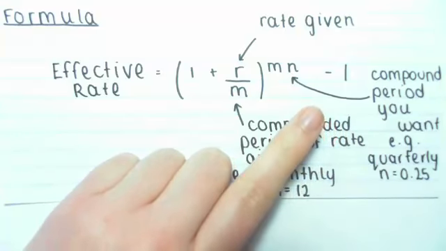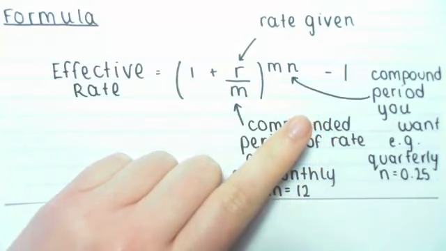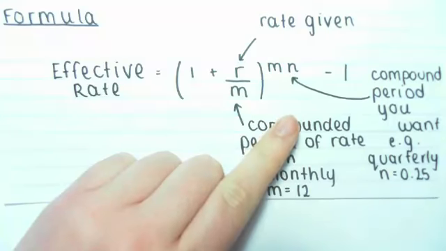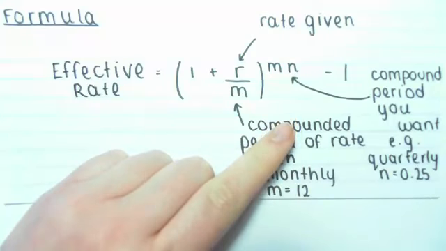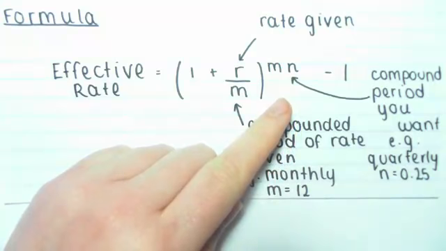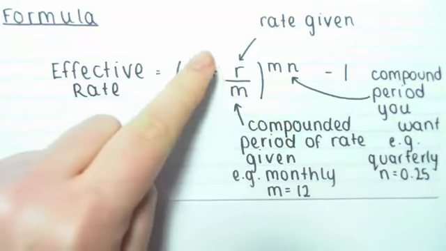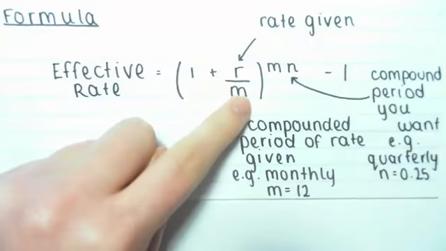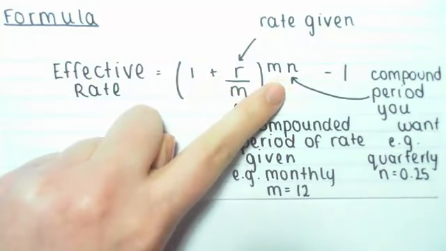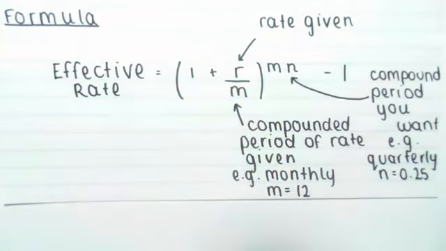If your cash flows are every month, you want a monthly rate, so N is going to be 1 on 12. If your cash flows are every year, you're going to want a compounded yearly rate, so N is going to be 1. So that's your formula there. As long as you remember rate given, M, and rate you want, N, you should be right.